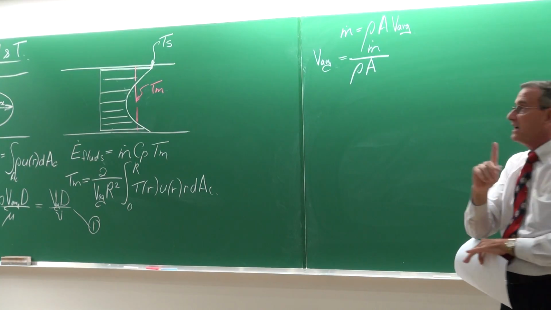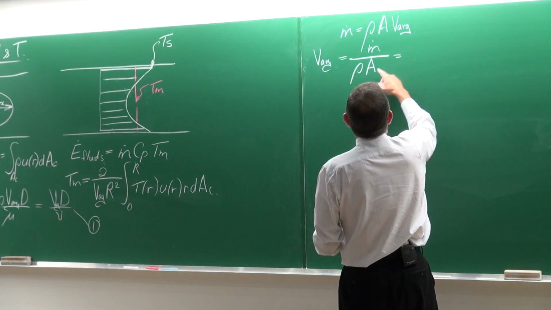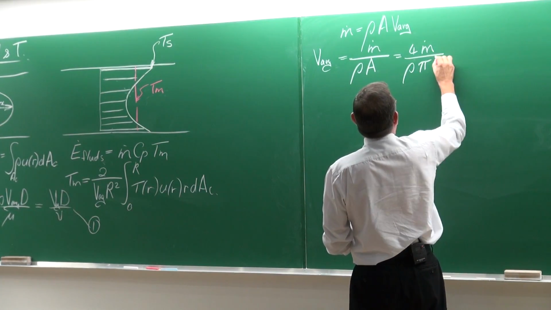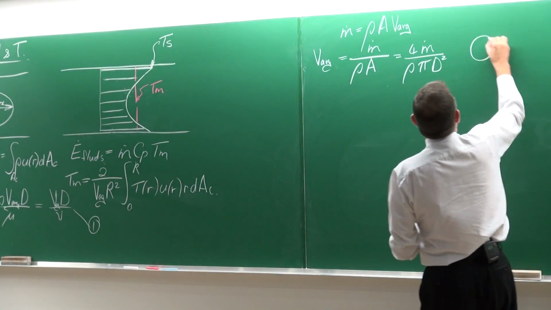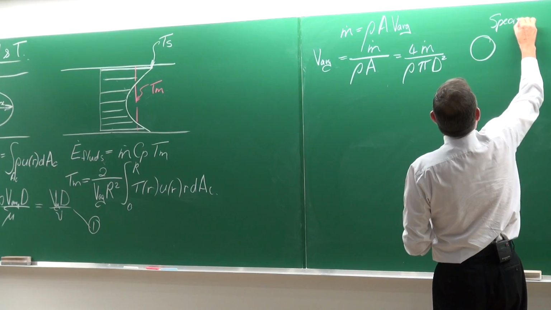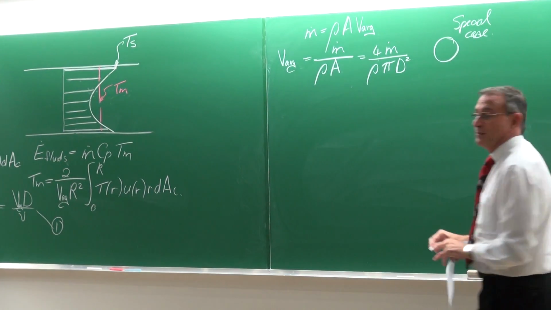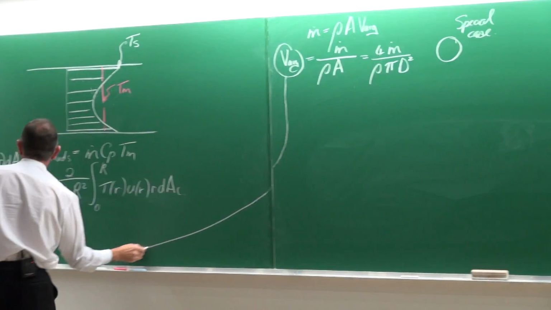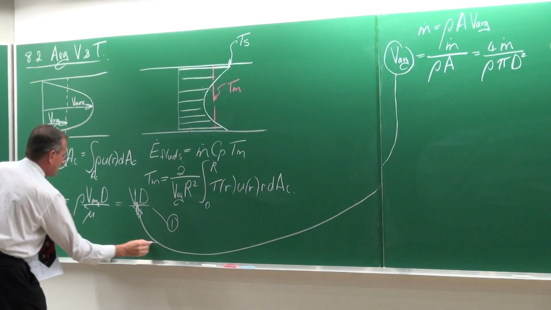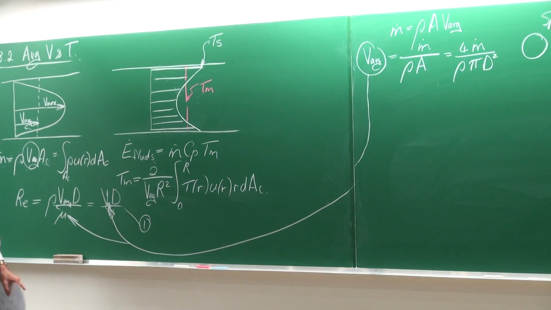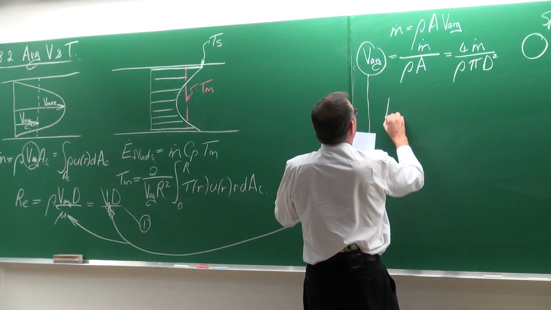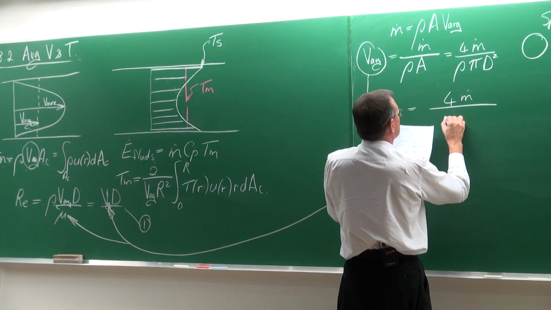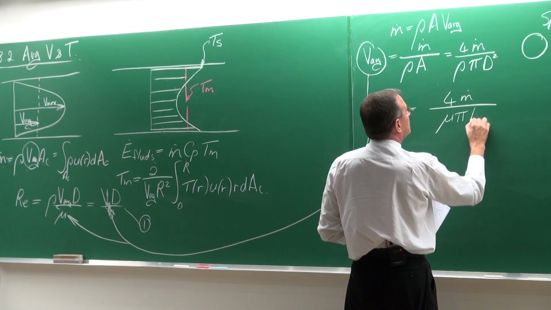And then for the special case, take note, for the special case of the area being equal to pi divided by 4 D squared, if we now take this velocity and put it into that equation for the Reynolds number, then we can write the Reynolds number as 4 times the mass flow rate divided by the viscosity, pi and the diameter.